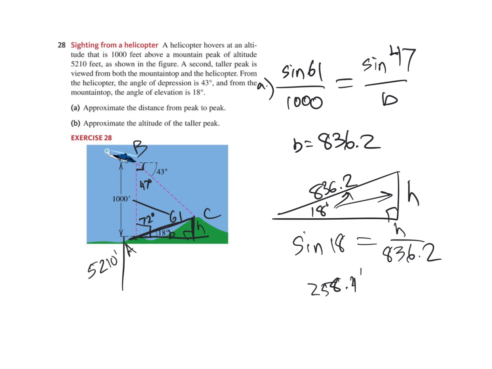That's the approximate height of the taller peak above the other peak. But now you need to add 5,210 feet to that, and that gives you 5,468.4 feet. That's the altitude of the taller peak.